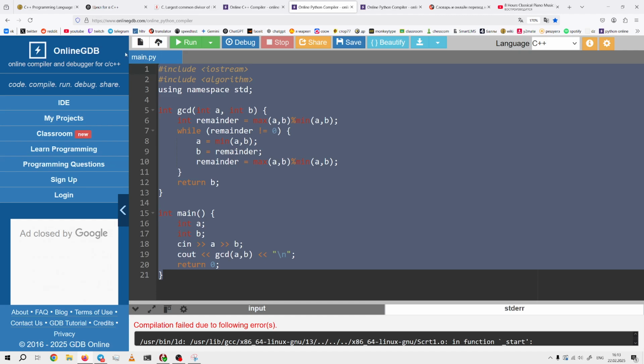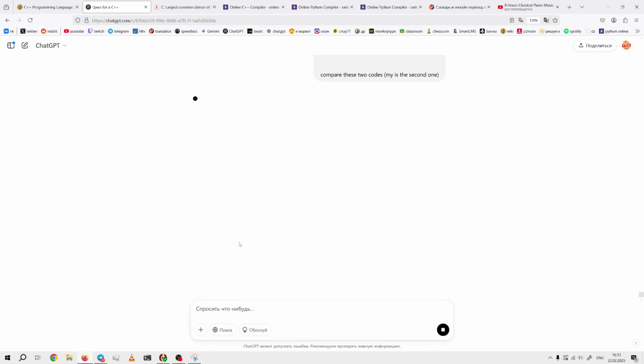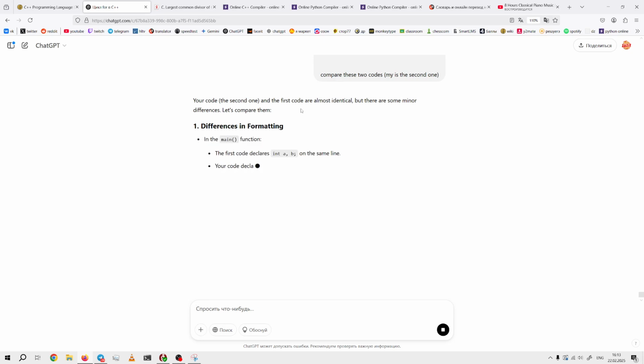I will write then that he will compare these two codes. Mine is the second one. Some minor differences.